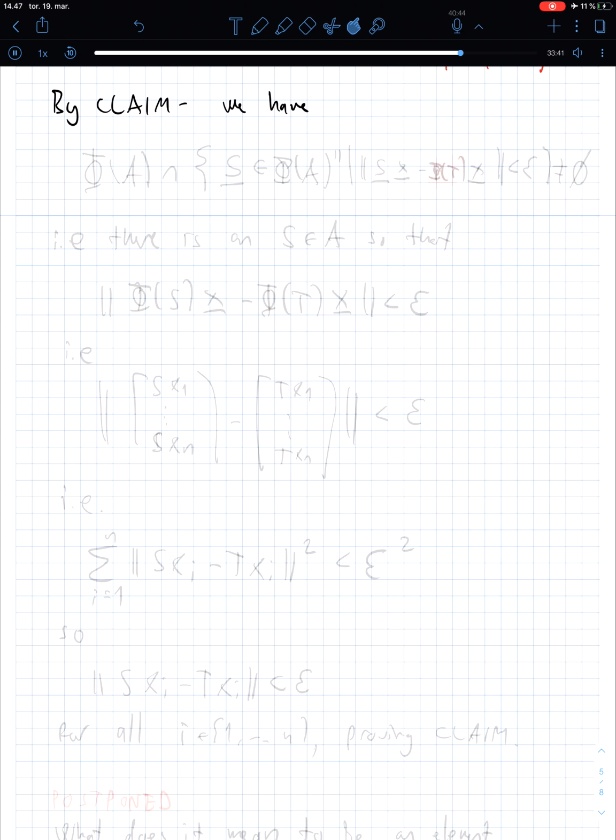that if we look at a neighborhood, maybe I'll write it like this. I'll use S underline as the name for a generic element in B of Hn.